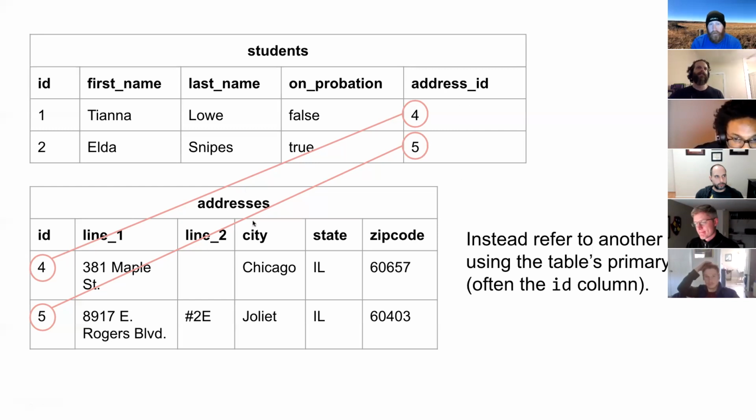Technically we are doing some duplication because we have to have the keys in both, but if Tiana moves, all we do is change one thing here. If she moves to a new address, we create a new entry, but we don't have duplicated data floating around.